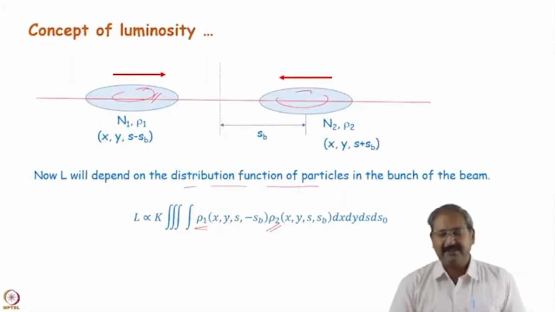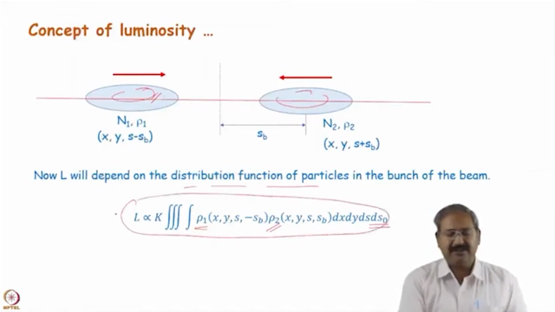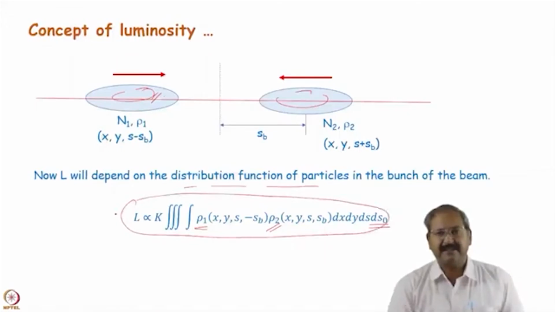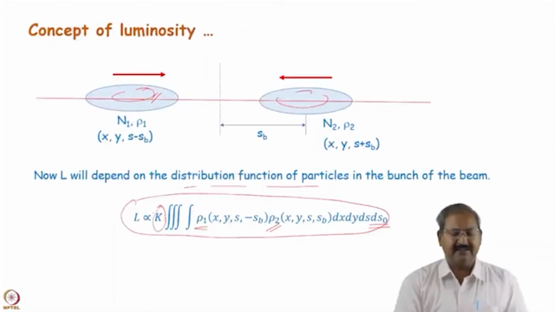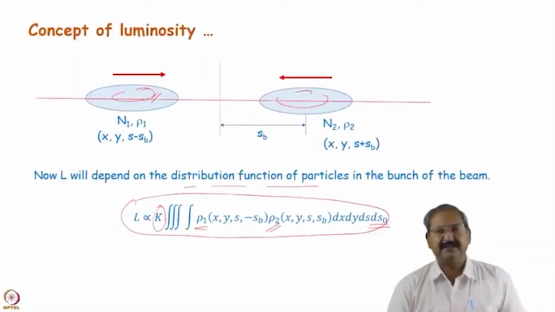And time has been changed, as in our accelerator, to ds0, so we have changed time from t to ds by beta. So this integral will show how many events can take place with a particular cross section sigma. This K here defines some kinematic coefficient because the bunches are moving.